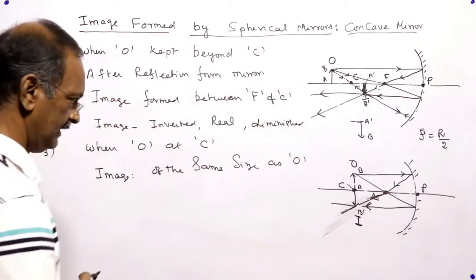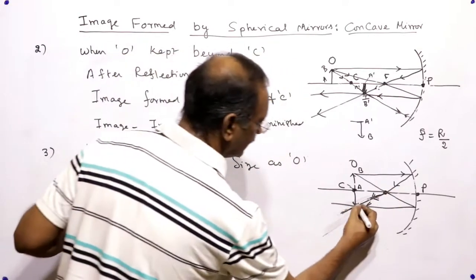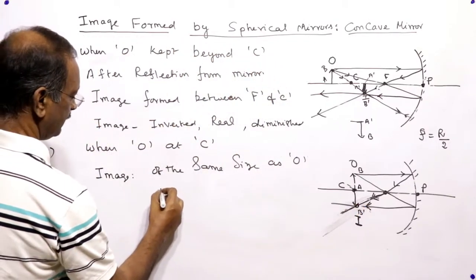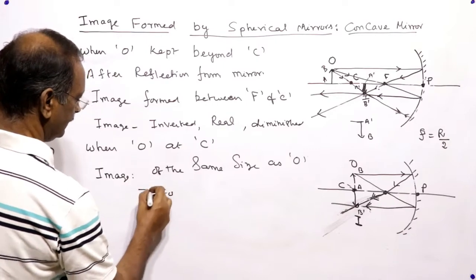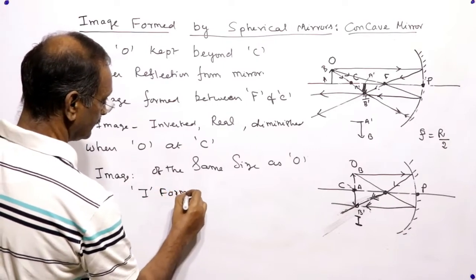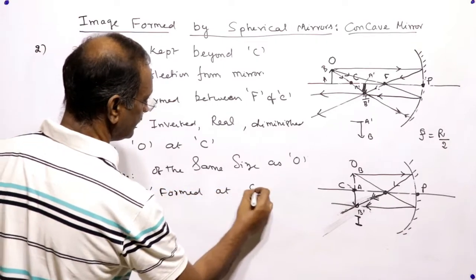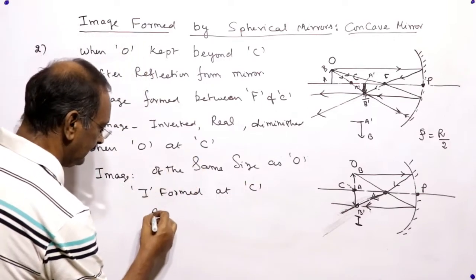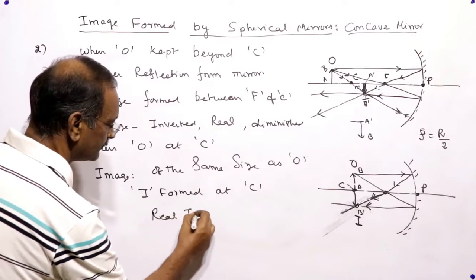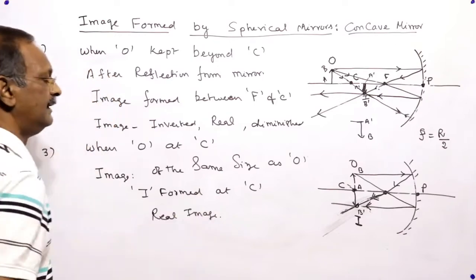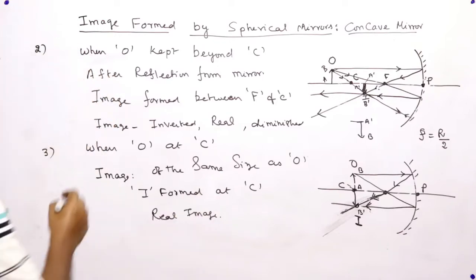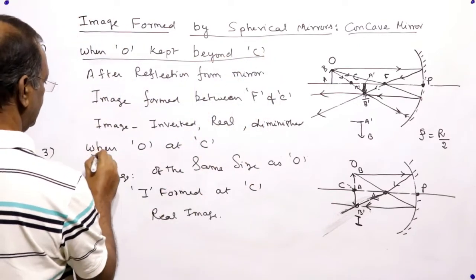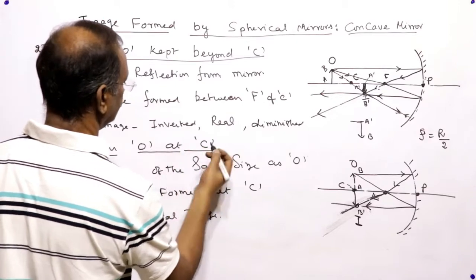Actually, two rays are meeting at a point, at this point, and the image is formed at the center of curvature, of the same size. It is a real image. This is the nature of the image for case 3, when the object is kept at C.